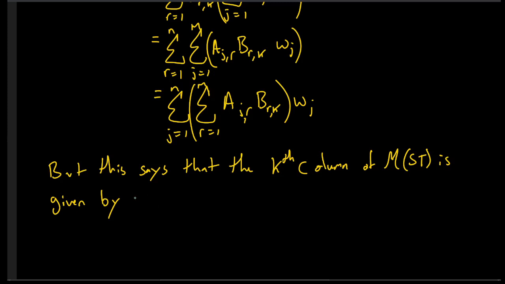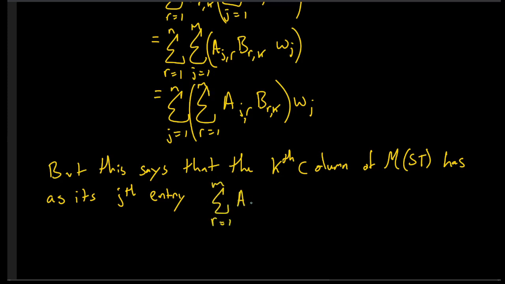So I will write it out like, I will say the kth column of MST has as its jth entry, to avoid having to write out this a bunch of different times, the sum from r equals 1 to m of AJR BRK.